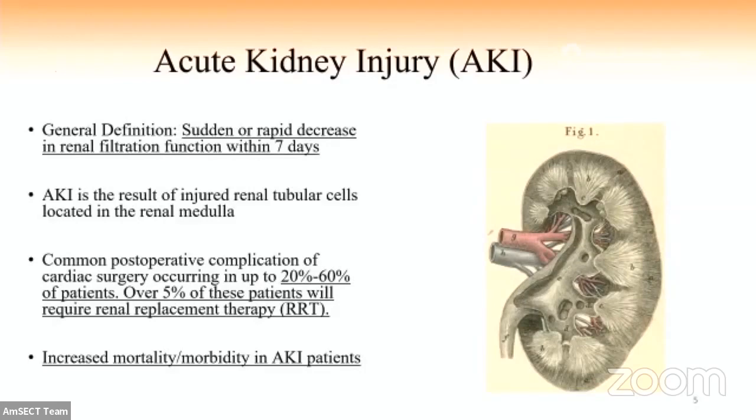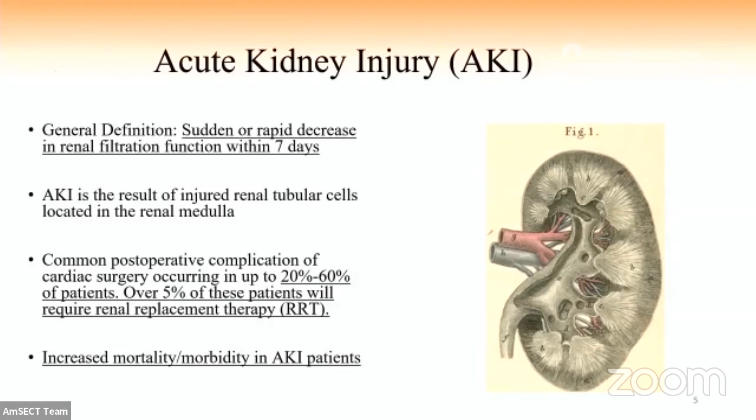So what is AKI? Well, the general definition is a sudden or rapid decrease in renal filtration function within 7 days. And AKI is a result of injured renal tubular cells located in the renal medulla, as we just talked about. And it is a common postoperative occurrence. Literature is all over the place on this. It's 20% to 50% to 60%.